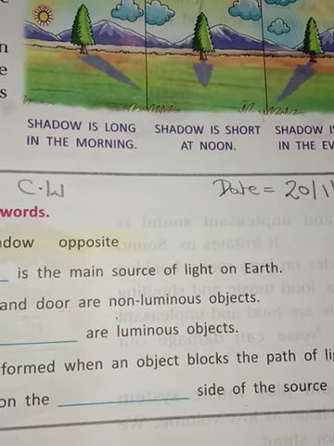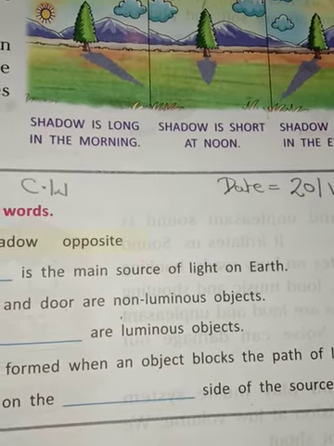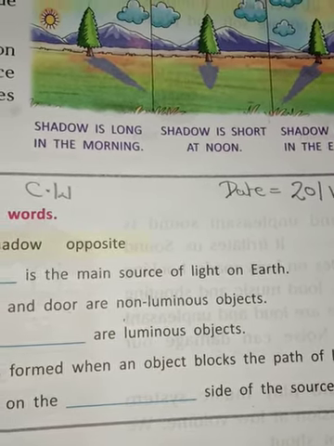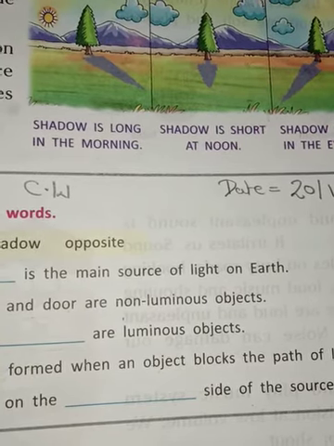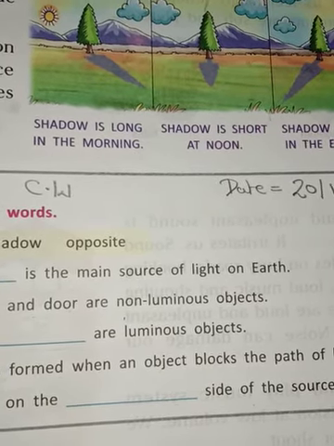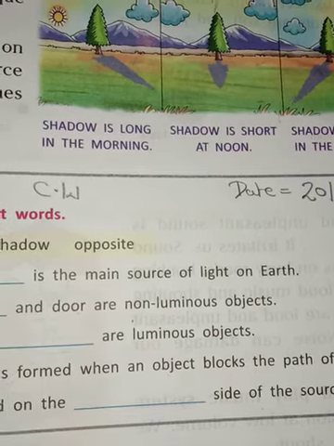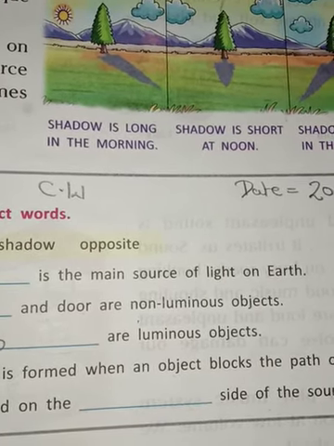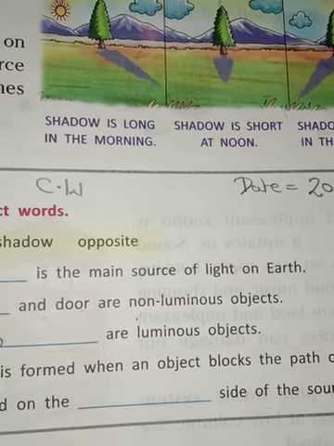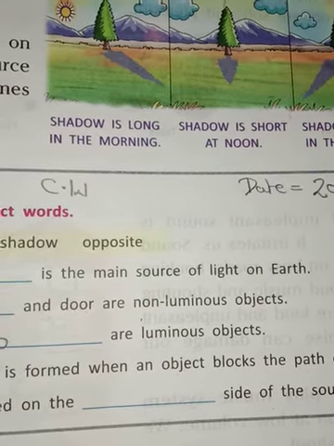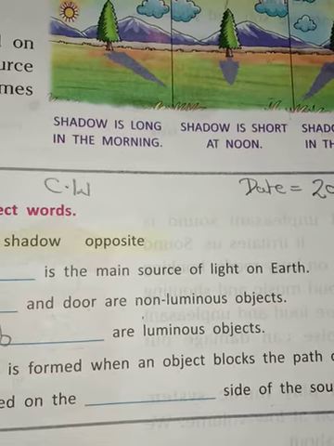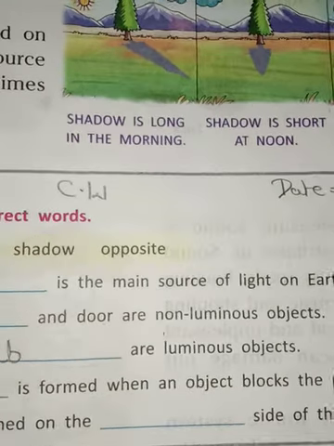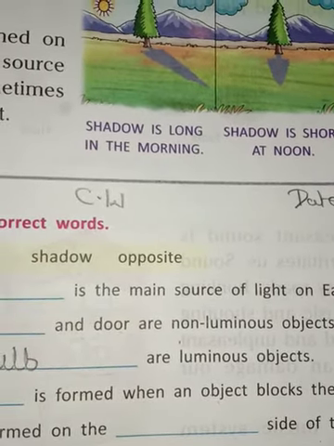Light rays travel from a source in straight lines. If a solid object gets in the way, it stops light rays from traveling through it. This results in an area of darkness appearing behind the object.